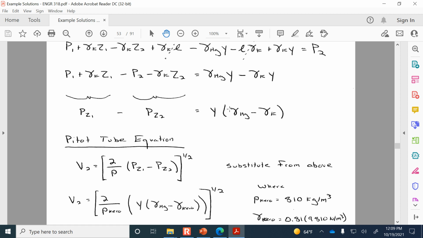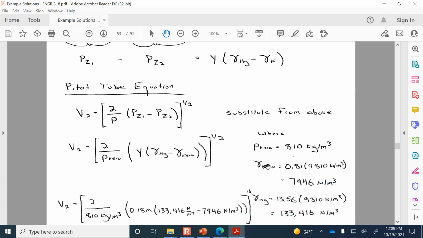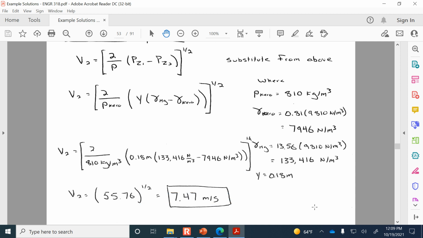And so the differential manometer tells you the difference in the piezometric pressure. We substitute that difference into the pitot tube equation, and we have to know the density of the kerosene, the unit weight of the kerosene, the unit weight of the mercury. And so make those substitutions, and that tells us that the velocity at 2 is 7.47 meters per second.